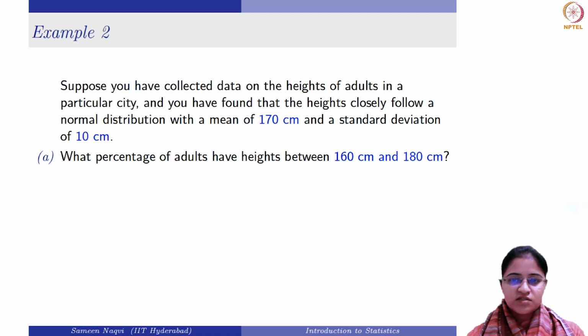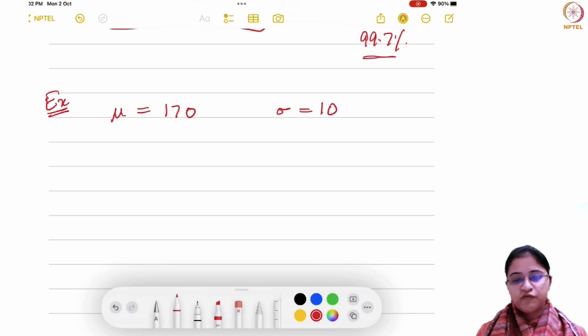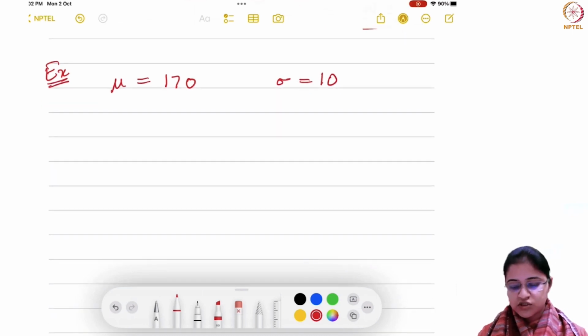To answer this, the example says that mu is given to you as 170 and sigma is given as 10, right? And it wants to find out what percentage lies between 160 and 180. Now, if you look over here, what is mu minus sigma? Mu minus sigma is in fact 160, and if you take mu plus sigma, then you get 180.